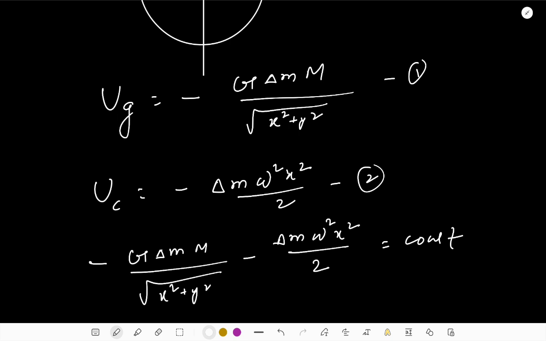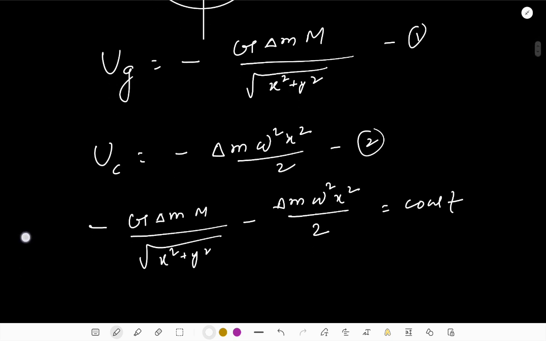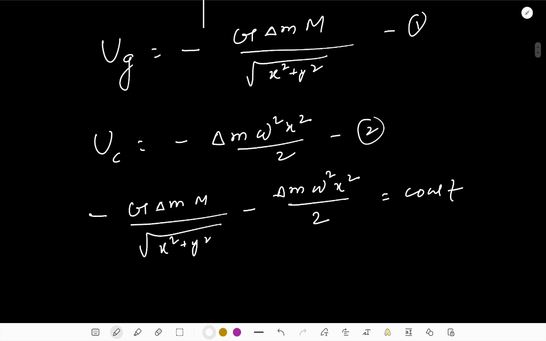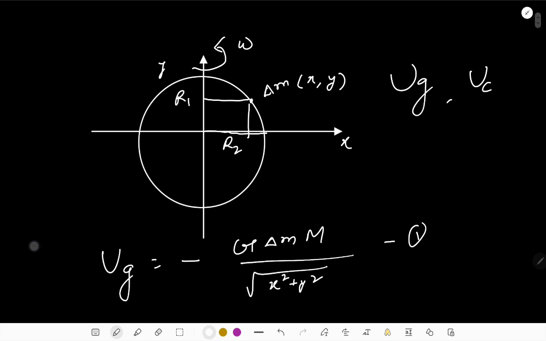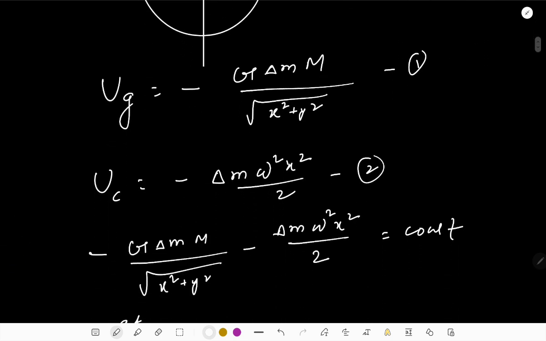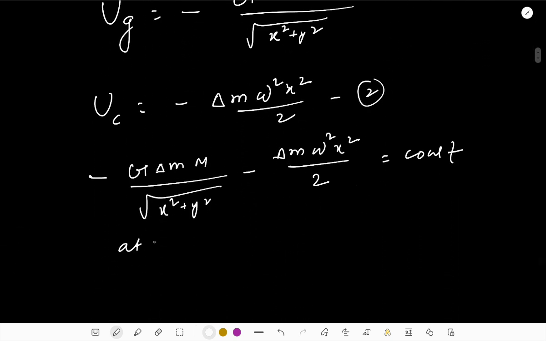From the given values, the condition of the problem already told us that at x equals 0, you can see the picture, y is equal to r1. At x equals 0, y is equal to r1. After putting this value, we can get the constant as well.